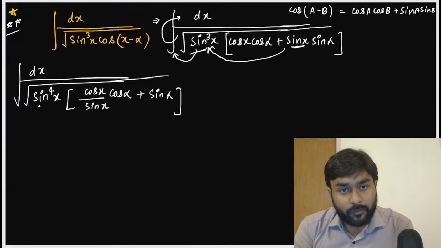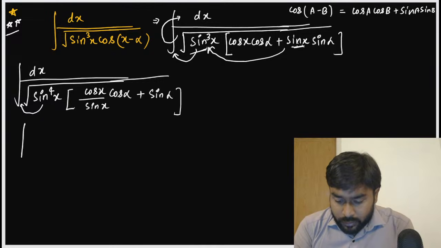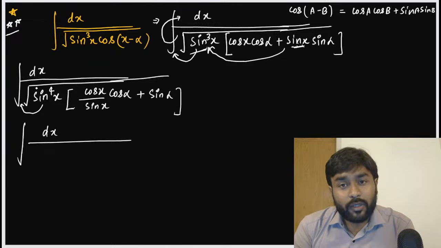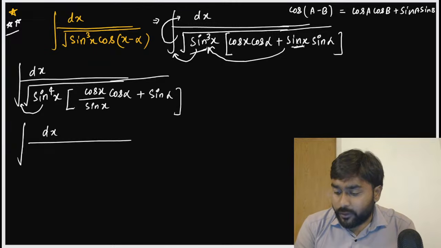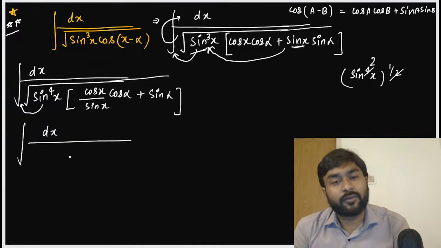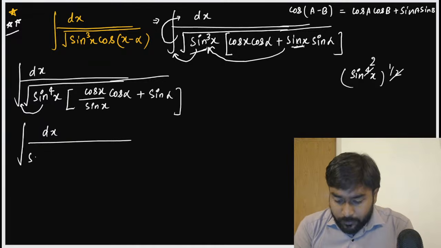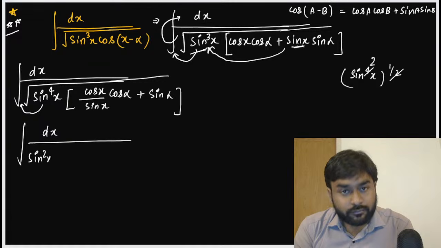So sine power 4 will come out from under root. It will become sine square. Okay, one more thing. Why is it becoming sine square? Because this is sine power 4, and under root means 1 by 2 power, so this 2 and this 4 will cancel. Here sine square x will come. So outside we can write sine square x.